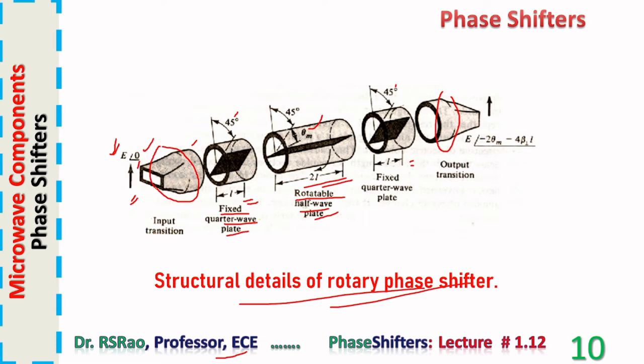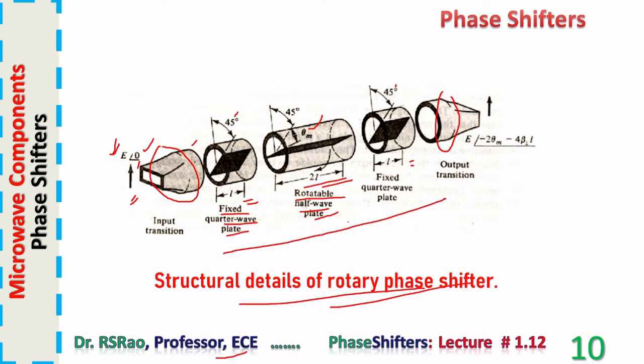Now this wave travels, crosses input fixed quarter wave plate, enters into rotatable half wave plate, and then again it encounters a quarter wave plate. At the other end, it passes through it, enters into the output transition, comes out of the output port.